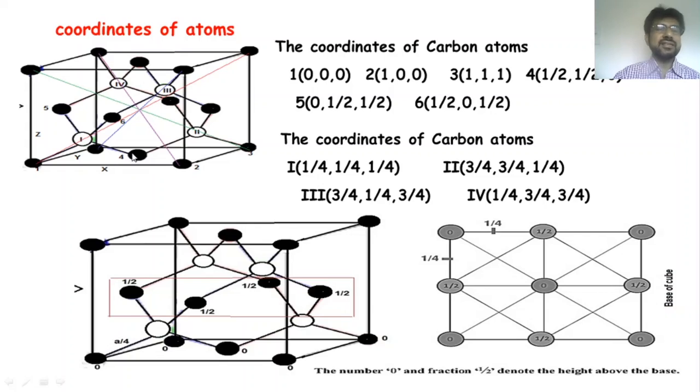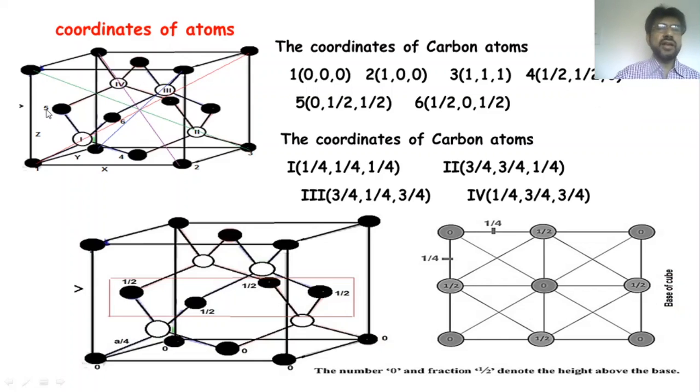It is present at the 1/2 distance of the edge of the unit cell from this origin. It is present in the xy plane, so its z coordinate is 0, and its xyz coordinates become 1/2, 1/2 and 0.